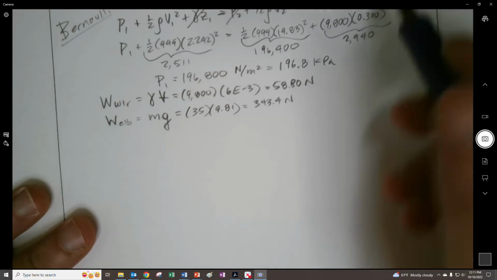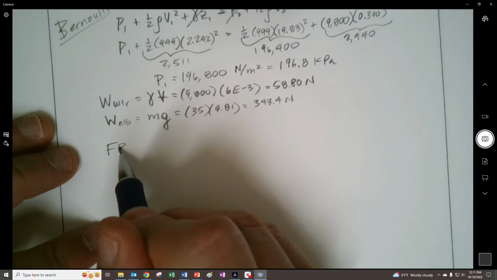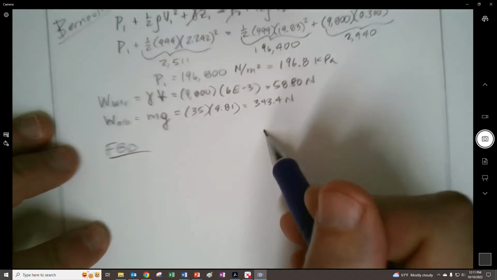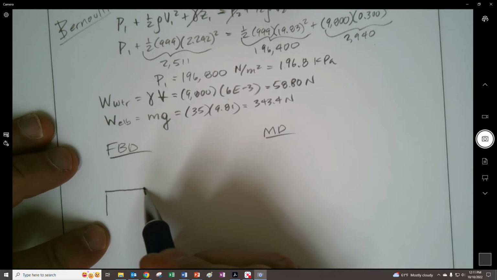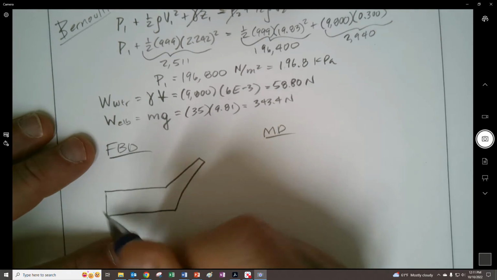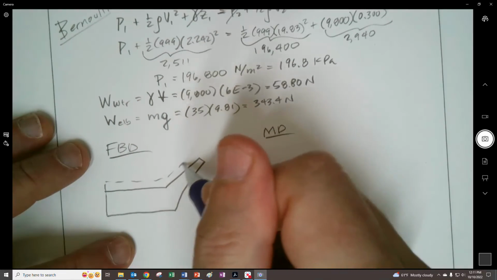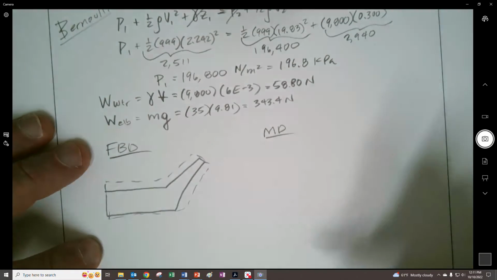Now for the momentum analysis of the thing, I want to get these forces, so I'm going to draw an FBD, and I'm going to make a momentum diagram. And on the FBD, remember for this, we're actually making a control volume. We'll kind of draw the control volume onto this right there.